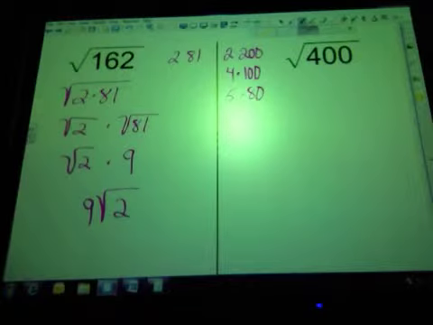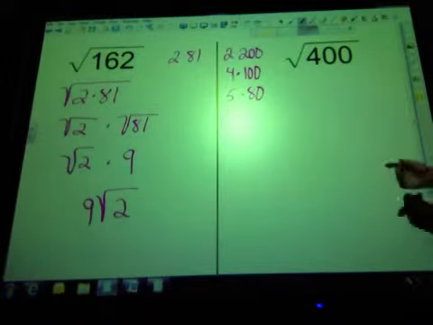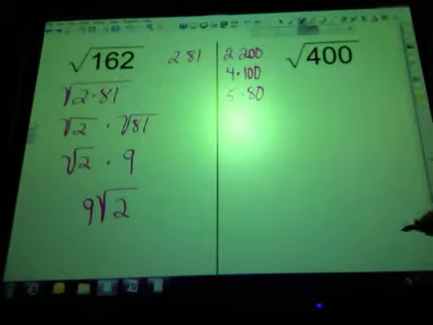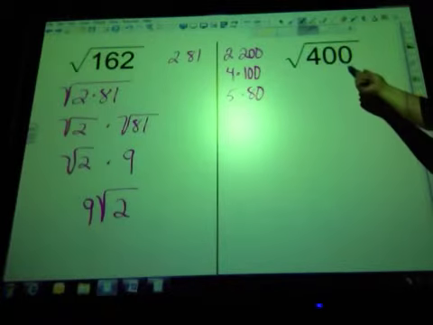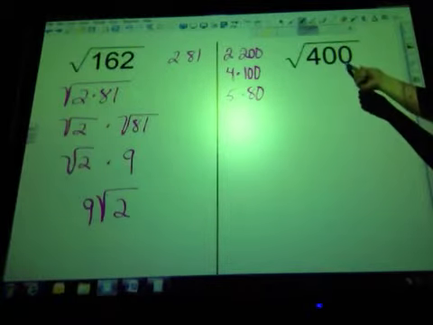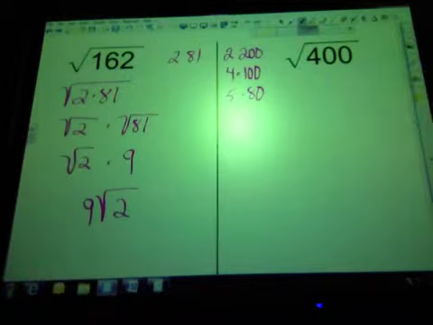Those are some off the top of my head. So that's how you're going to come up with what numbers you're going to put underneath the square root sign to break it down. You have to think about, what do I know that goes into that? So the first thing I always do, obviously, is I check to see if it's even, because that's what I did first on both of these. If it's even, I always try the 2 times whatever, because that's an easy one that we can usually do in our heads.